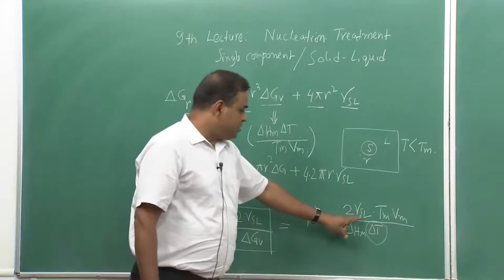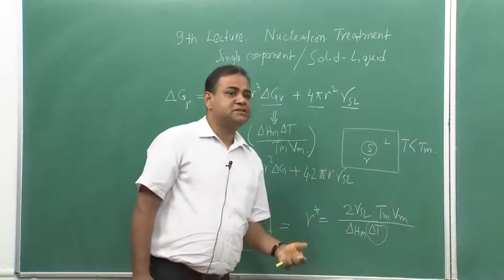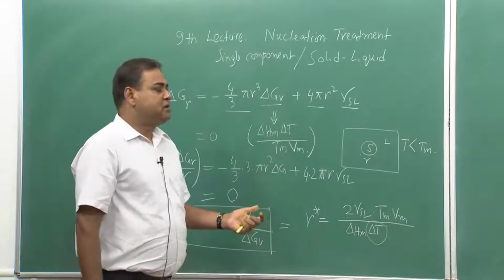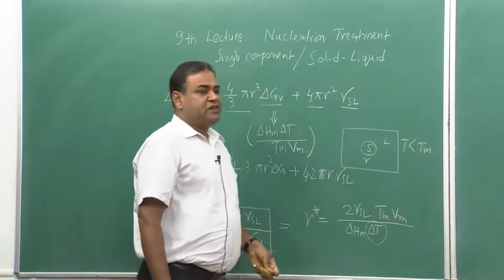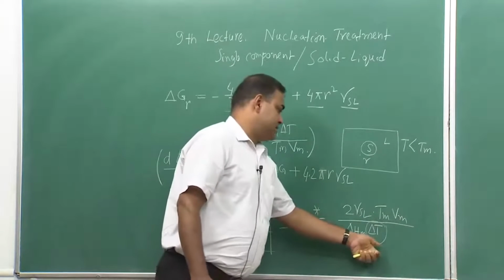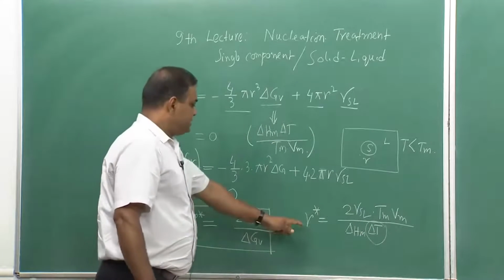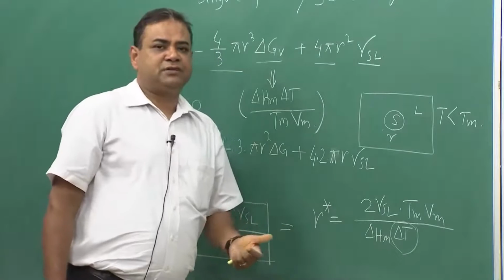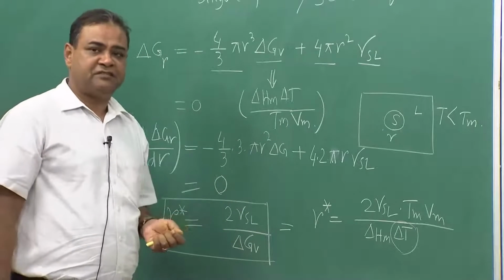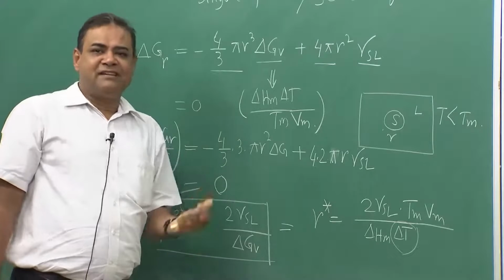Since this is a constant term, this is also constant, because for a particular solid liquid transformation, the molar volume of that single component system remains constant. So, there is inverse proportionality between R star and del T, or in other words, R star decreases with increase in undercooling or decrease in temperature.